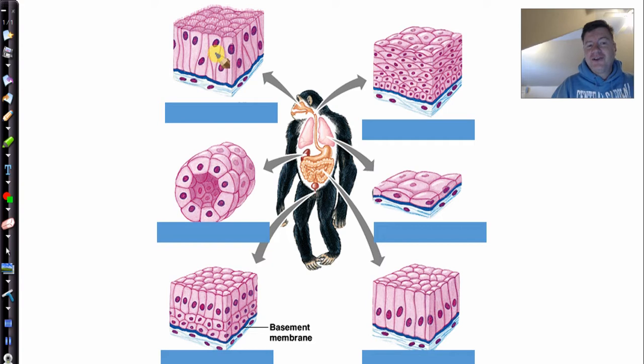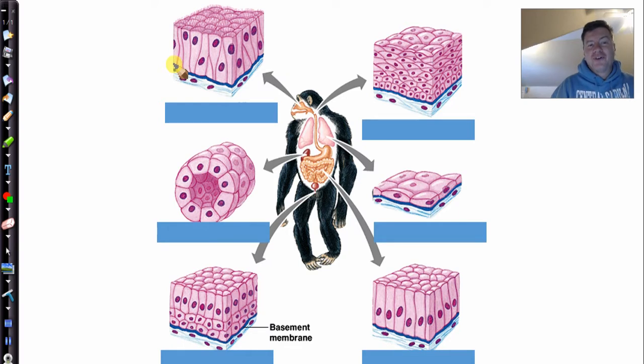So since it appears to be more than one layer, but it's actually only one layer, we refer to this as pseudostratified. We also recognize up here in this one, we have cilia, so we need to include that in the name. And we also have to then look at the shape of the cells. Are these cells flat-like? Are they cubes or are they columns?